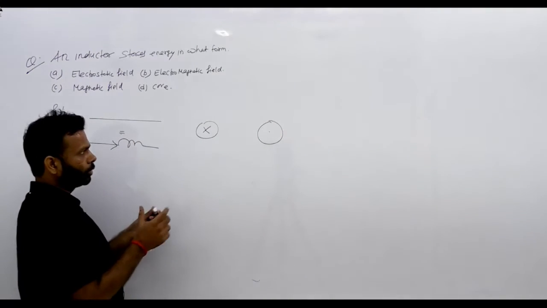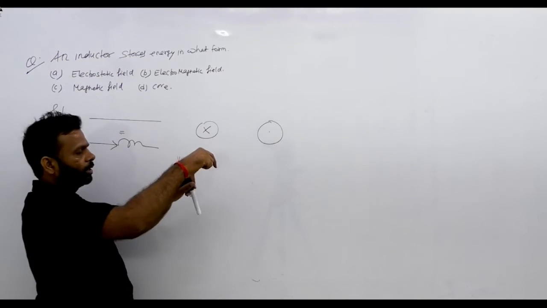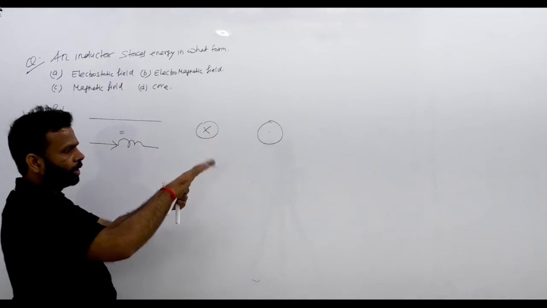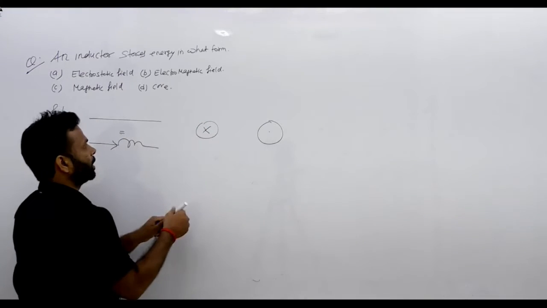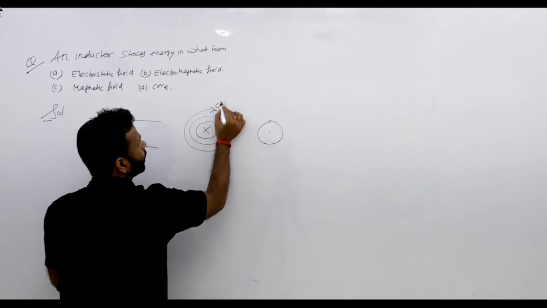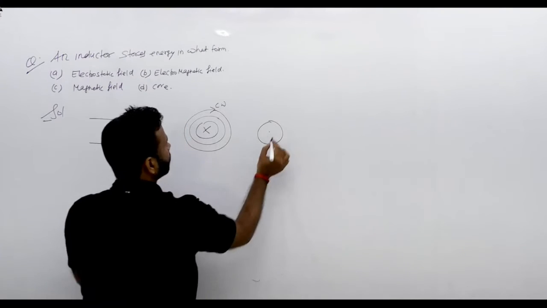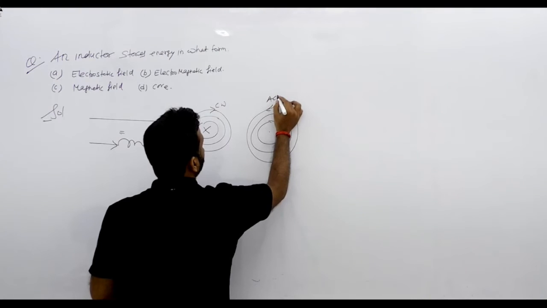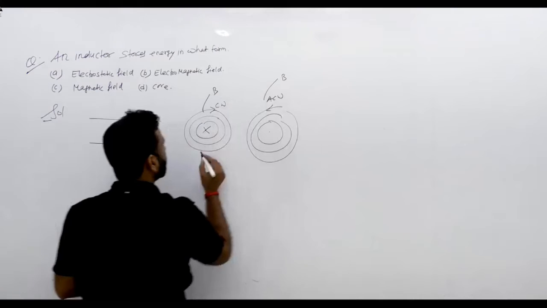If you have into the page, then according to the right hand grip rule, for a straight conductor, the thumb is in the direction of current and the curled fingers are in the direction of magnetic field. So you apply this, and your magnetic field is in clockwise direction. For the out current, if you apply this right hand grip rule, then your magnetic field is in anti-clockwise direction. This is your magnetic field, and this is your current.